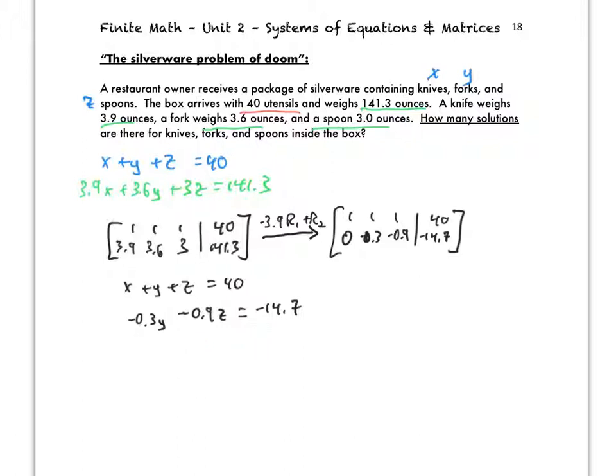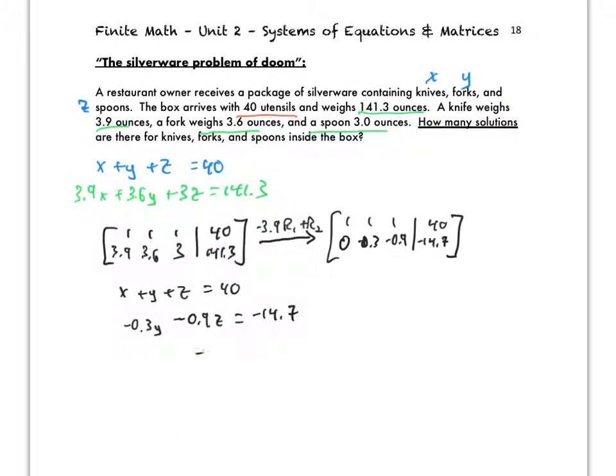It's one of the things that makes this a dependent system. We'll talk about that in just a moment. So let's move the negative 0.9 over to the other side. And then I'm going to divide everything by negative 0.3, and I'm going to get negative 3y plus 49.